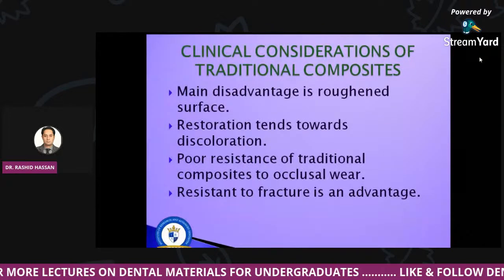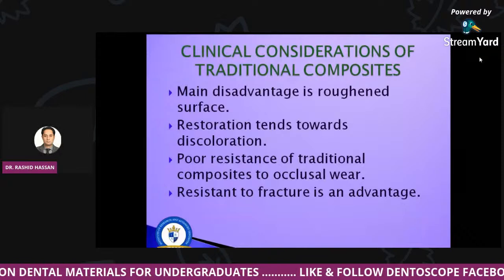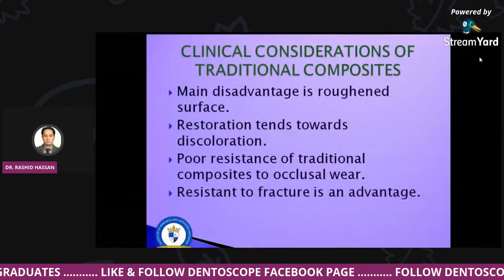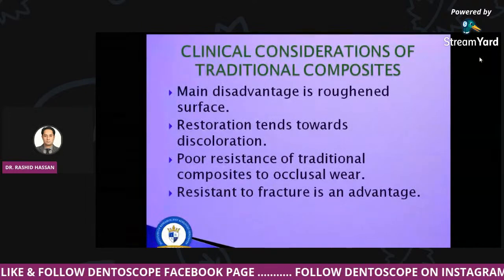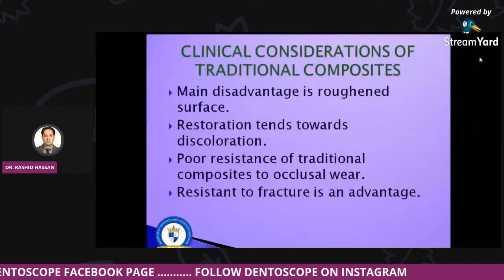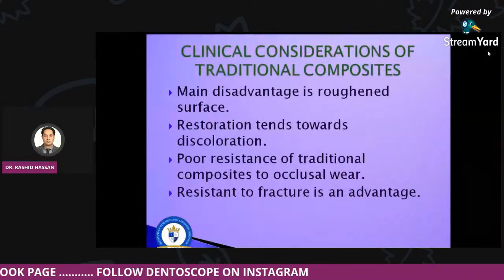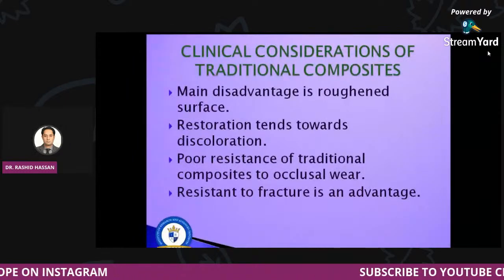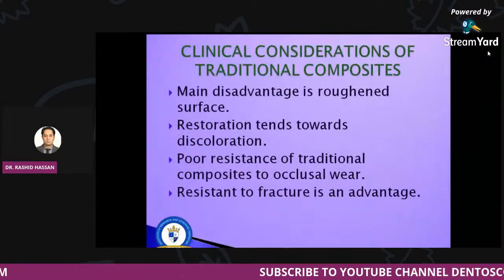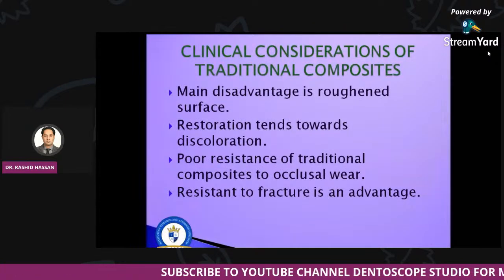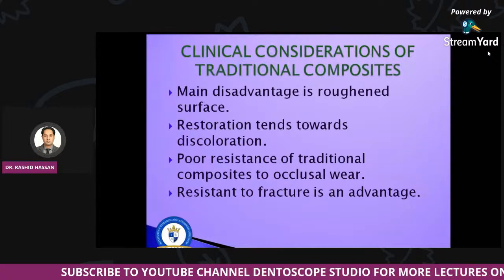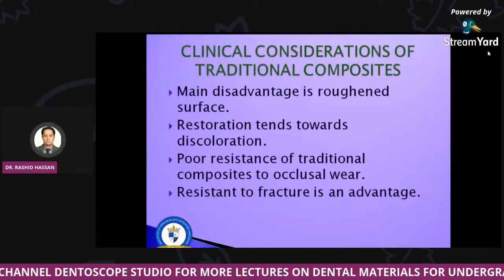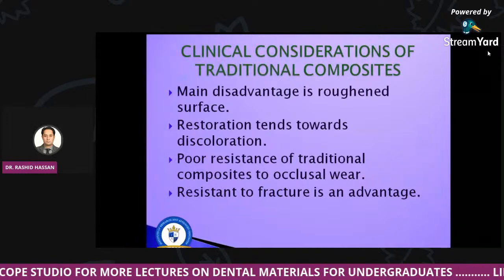It lodges pigments onto its surface, and with the passage of time, your restoration starts to discolor. The restoration tends to discolor over time only because of the roughened surface, because the colored food that we take, almost everything we eat is colored. So that adds onto the surface of the traditional composite, and that's why it discolors with time.